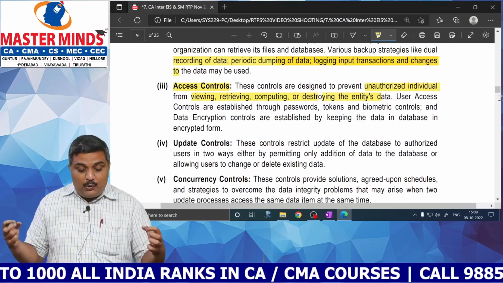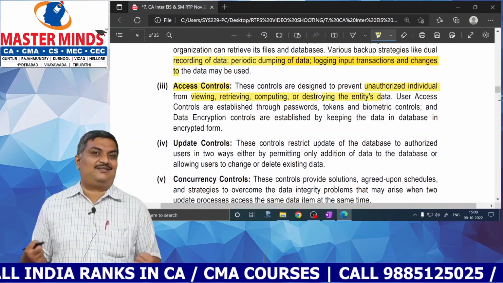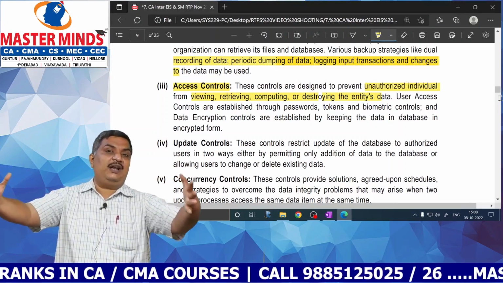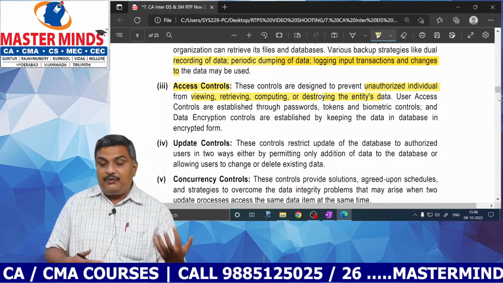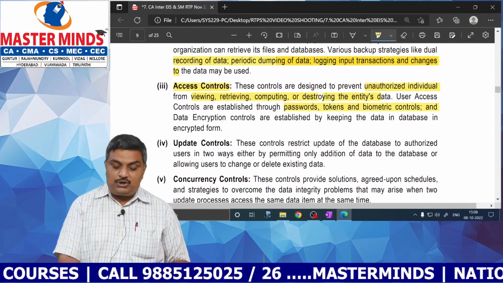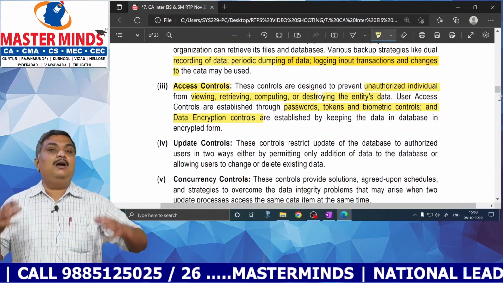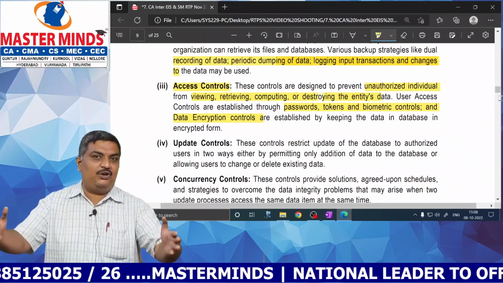You need to have very strong authentication and authorization procedures so that no person can easily enter into your organization's database. And also you need to use different controls like passwords, tokens, biometric controls, data encryption controls to keep your data more secure so that unauthorized people do not access your data.